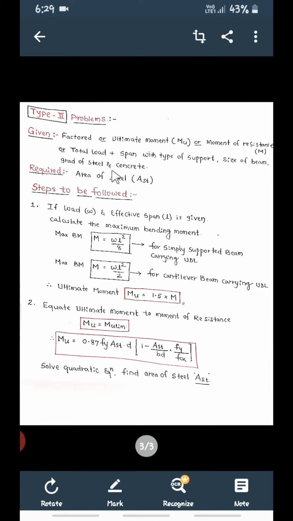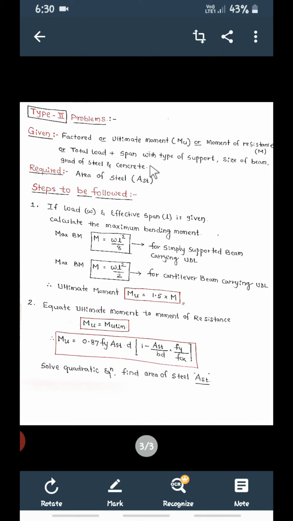Or instead of this Mu or M, what are they going to give? They're going to give the total load. Total load plus span will be given. Okay, total load on the beam, like whatever W we have calculated in the previous section. So total load means small w, the UDL, will be given, plus the span with the type of support, that is simply supported or cantilever.